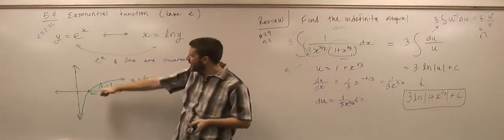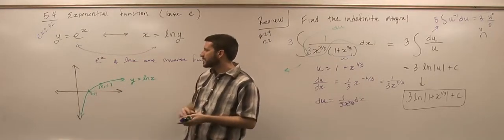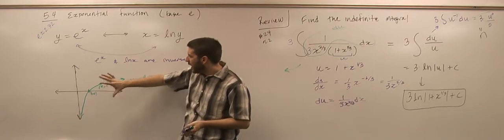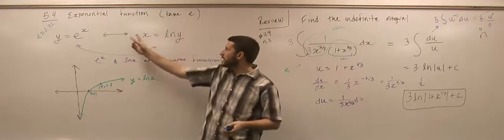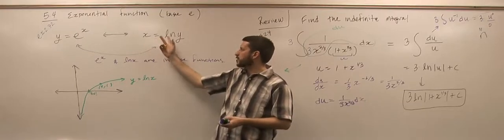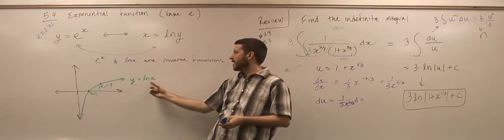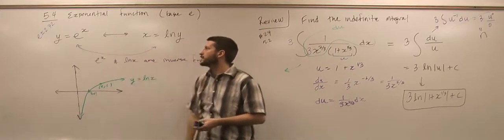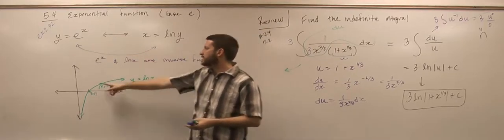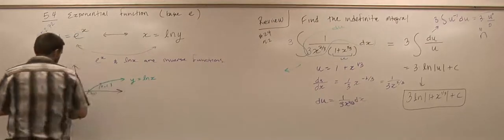So the fact that e to the x is the inverse function to ln x means that everything about x and y switches. See how y is equal to ln x here? If you switch x and y, that's the same thing as e to the x. So to graph e to the x, you can switch x and y.